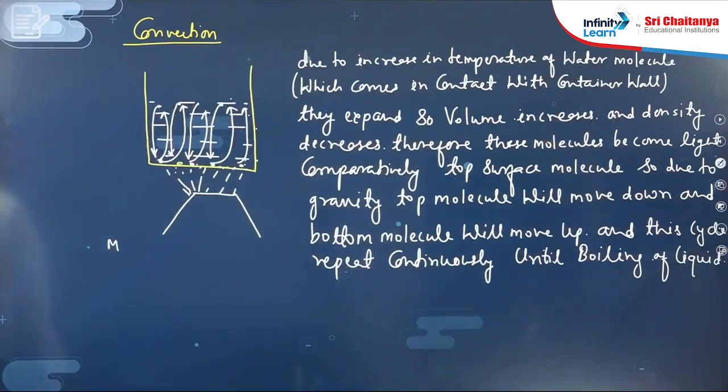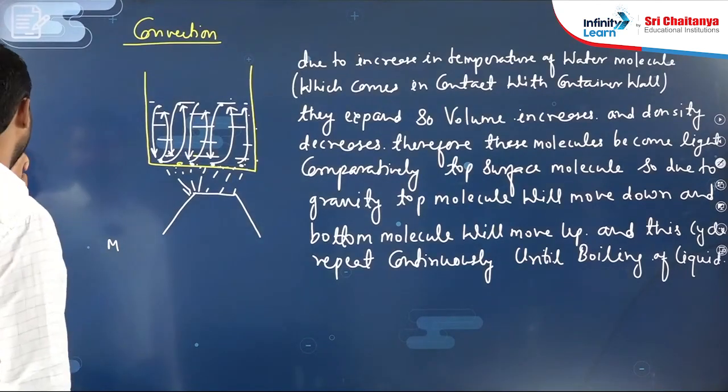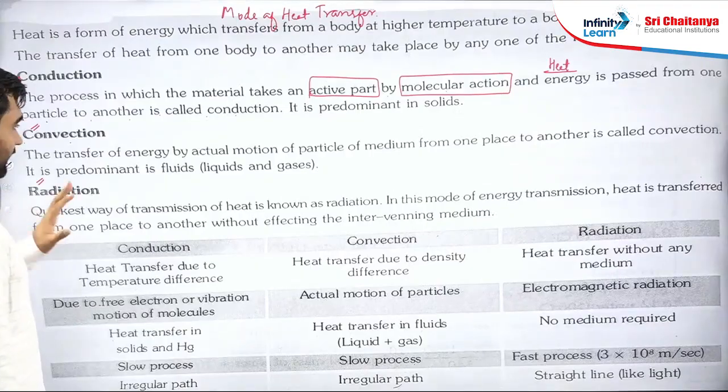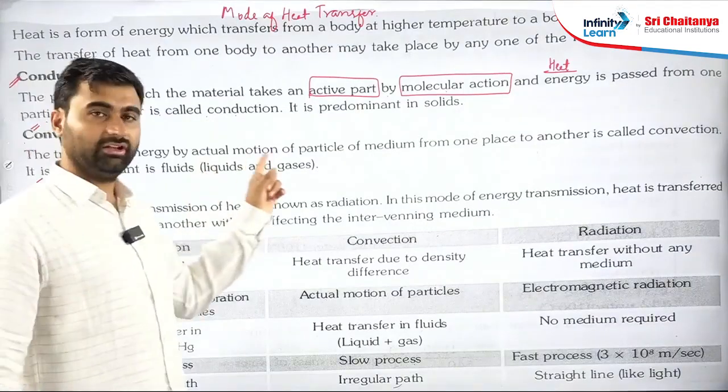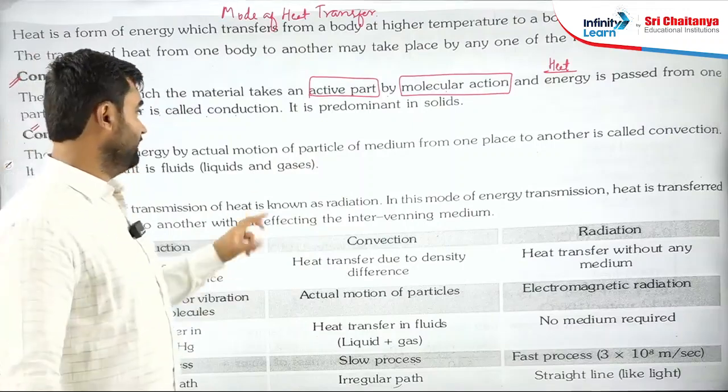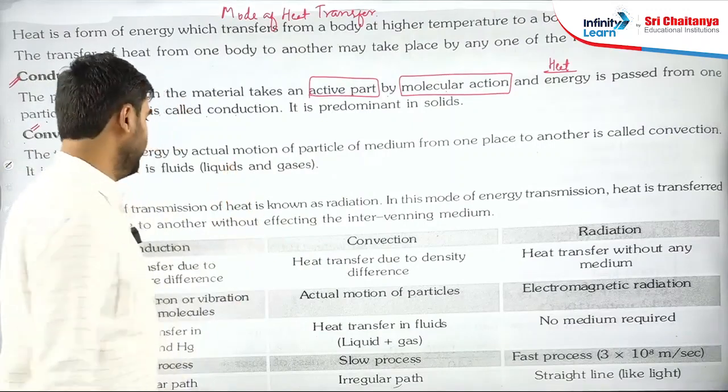So students, we understood the convection mode. You can see all the lines; you can read each point, it is important. Is it clear to all? Now the next mode of heat transfer is the radiation method. Here you have to remember that this convection mode takes place in liquids and gases.